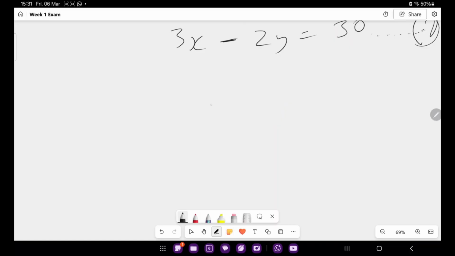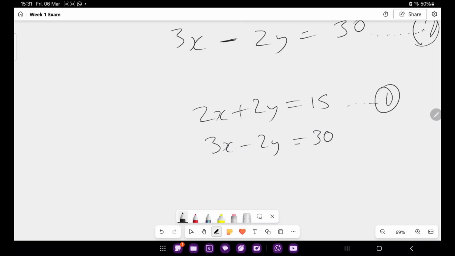So let me write them nicely. 2x plus 2y is equals to 15. Equation 1. 3x minus 2y is equals to 30. Equation 2.